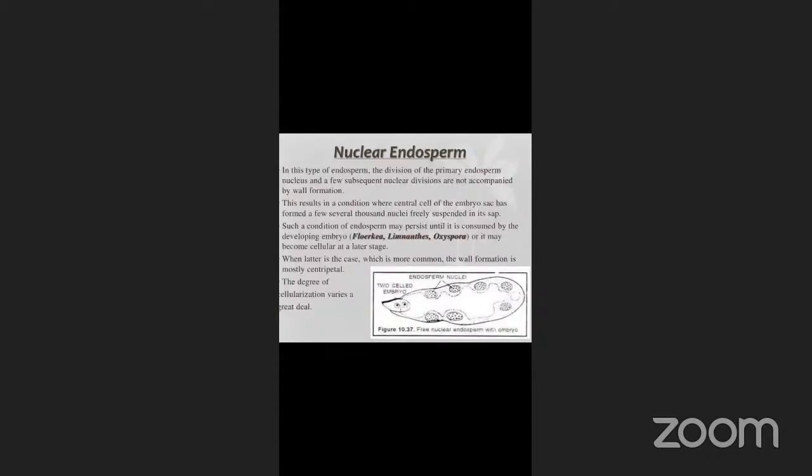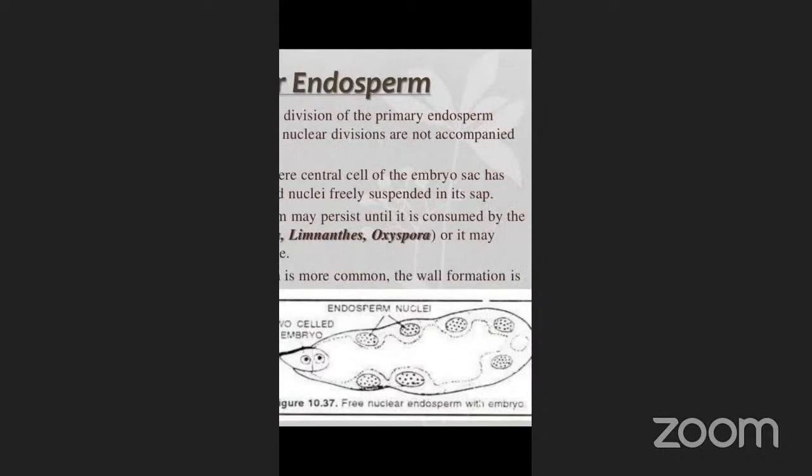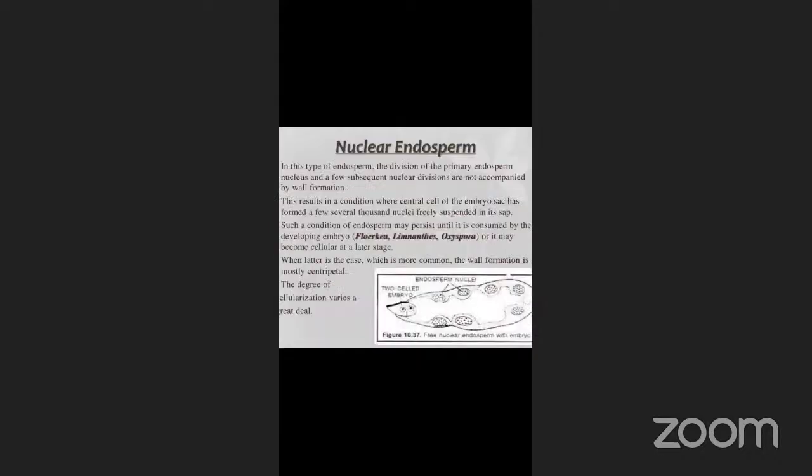See here, a two-celled embryo and endosperm nuclei. First two divisions, then it forms a complete cellular or nucleus-filled sheath. This is nuclear endosperm.